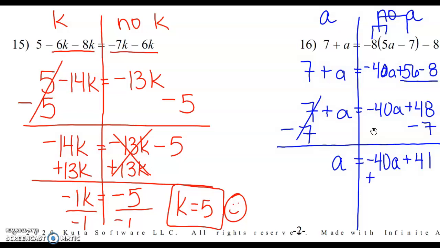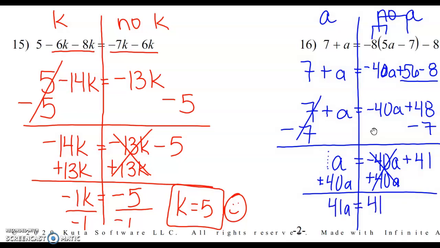So to move a negative 40a, I would add 40a. So remember this a here has an invisible 1 in front of it. So 1a plus 40a is 41a equals, other side, I have 41. So now that everyone is on the correct side, I would divide by 41 and find out that a is 1.